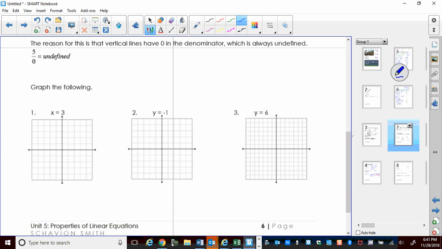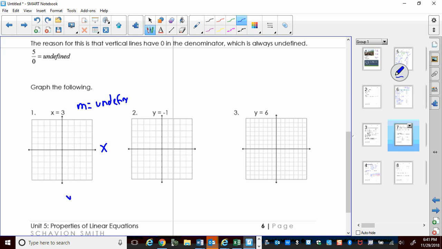So what we're going to do is, if it's x equals a number, we're going to go to the x-axis and find that number and make a vertical line. If it's y equals a number, we're going to go to the y-axis, find that number, and create a horizontal line. So x equals a number, my slope is undefined.